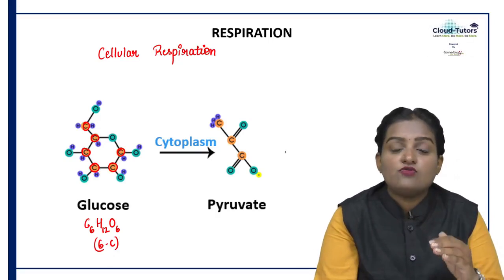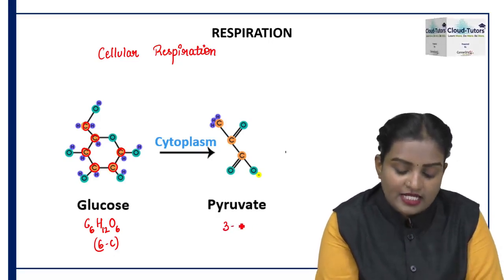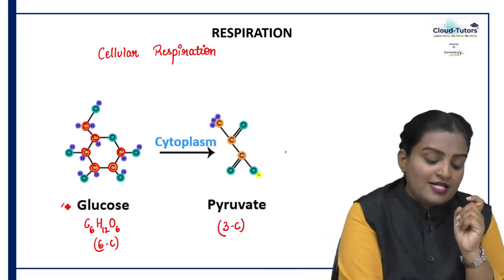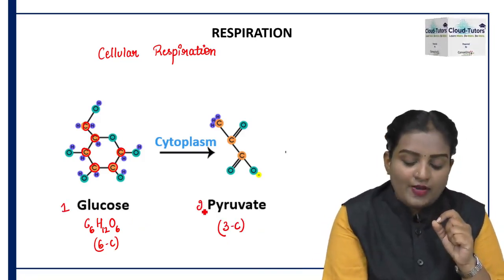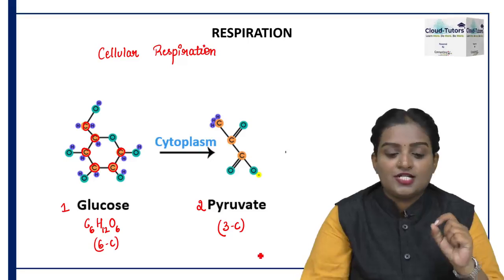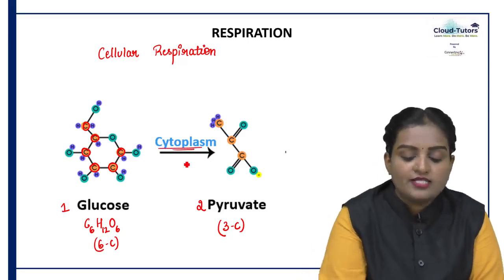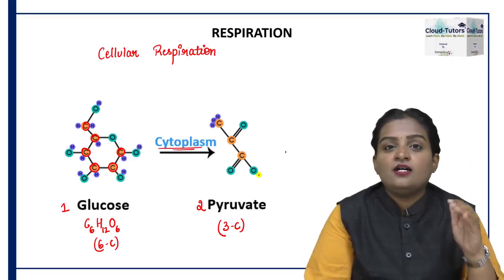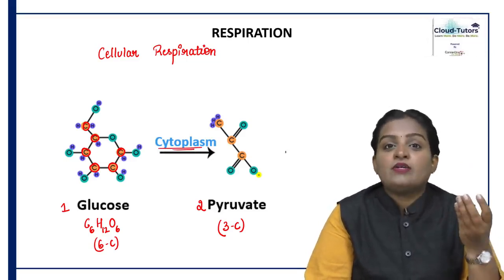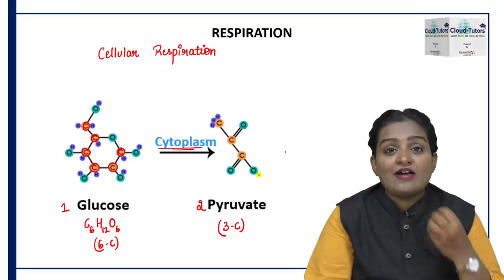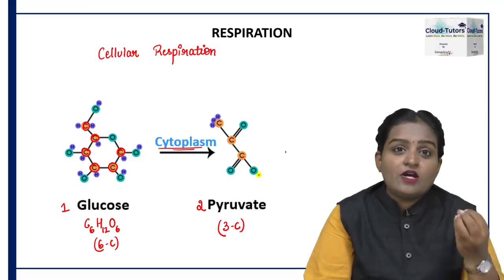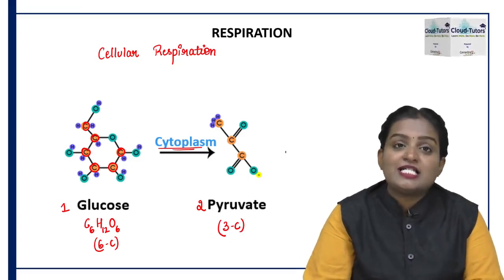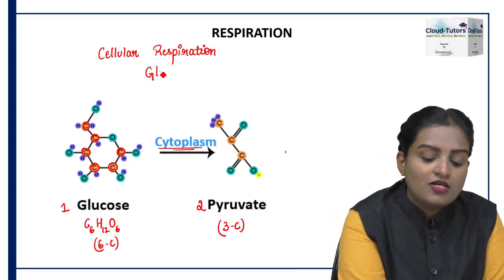It is broken down to give a 3-carbon molecule, that is pyruvate. So 1 glucose can give you 2 pyruvate, and this reaction occurs in the cytoplasm. Every organism, whether it is a bacterium or amoeba or humans, has cytoplasm. So every organism will definitely show this basic reaction. This is known as glycolysis.